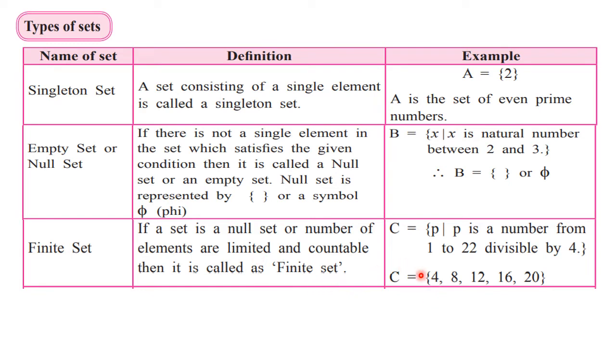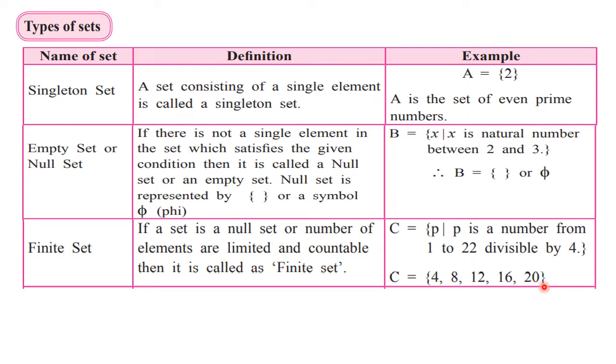You can see the example here. C is a set of all p such that p is a number from 1 to 22 divisible by 4. So here we can write down the numbers divisible by 4. That means we have to write multiples of 4. Or you can say table of 4 you need to write. So the set C is having elements 4, 8, 12, 16, 20.